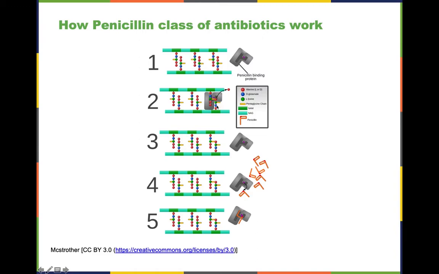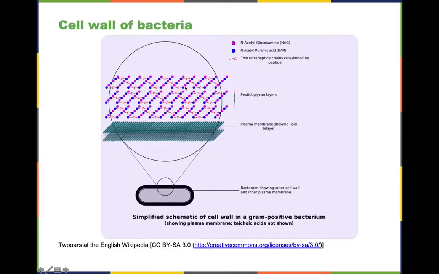So the penicillin binding protein comes in here and connects these peptides together, and it does that one over another. So it forms a covalent bond here, then it goes to the next one, such that in the end you're going to get these connected together through these peptide connections.